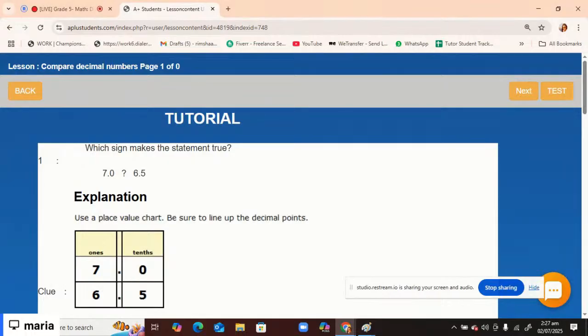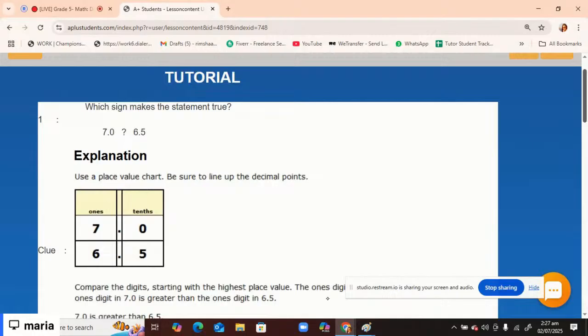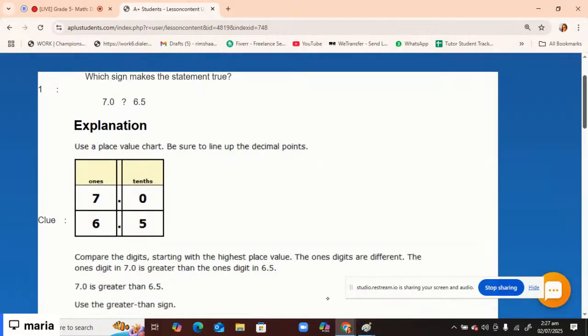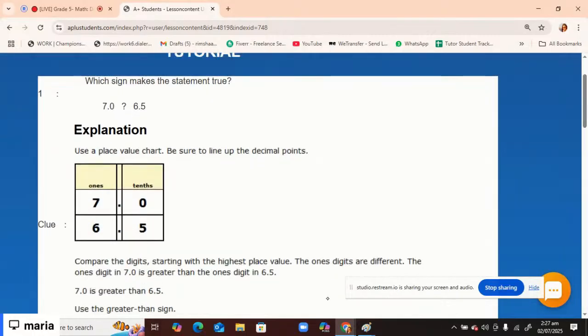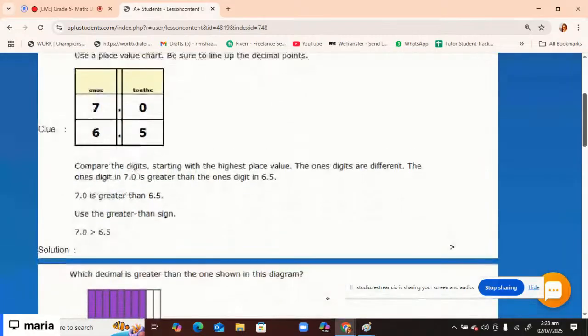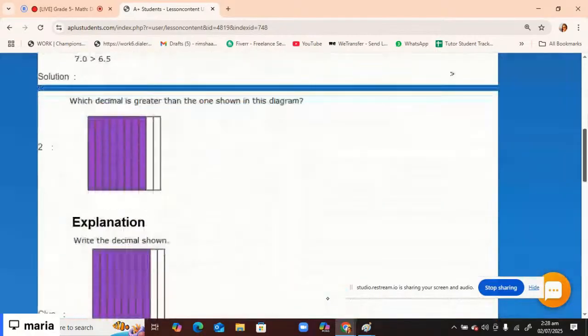First of all, write down the place value chart. So there is 7.0. This should start from the ones place, and then the tenths place. 7.0 and then 6.5. Now for the ones place, this is 7 here and that is 6 here. So 7 is greater as compared to 6. So 7.0 is greater than 6.5.